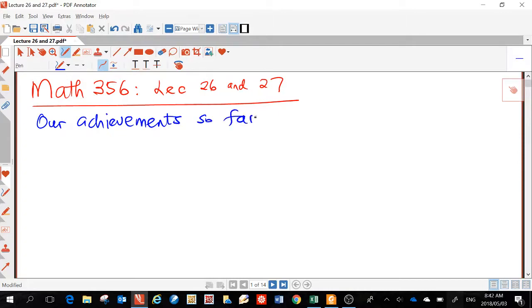1. If you have a closed contour, I'll just summarize things so it doesn't look too detailed.